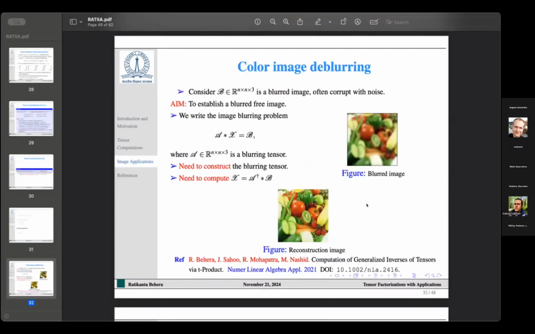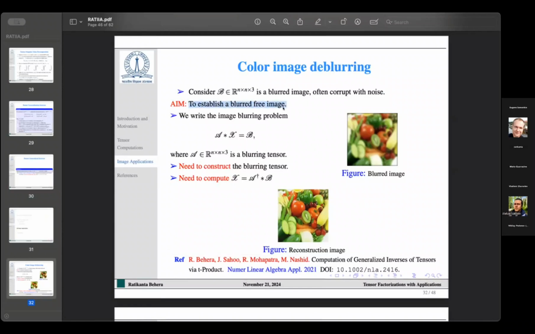Let us consider you have a blurred image. Last time, whatever examples I gave, like N1, N2, N3, suppose B is very blurred, so that we are not able to detect it. Now we have to get a blur-free image. Our aim is to establish a blur-free image.